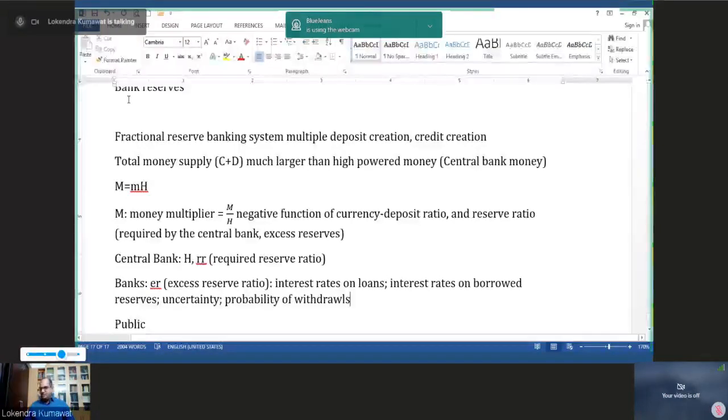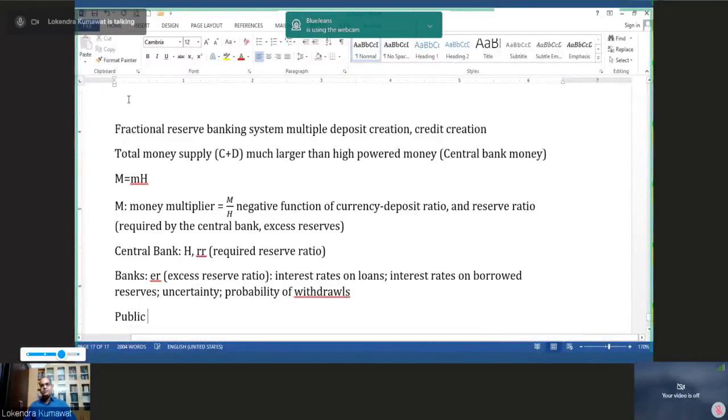Finally, the public controls the currency to deposits ratio. As we have seen, if the currency deposit ratio is large, then the deposit creation with the given high-powered money will be lesser. Therefore, money multiplier will be smaller.